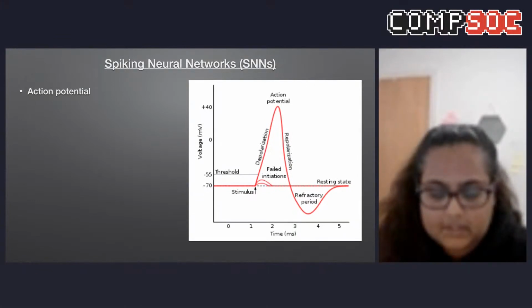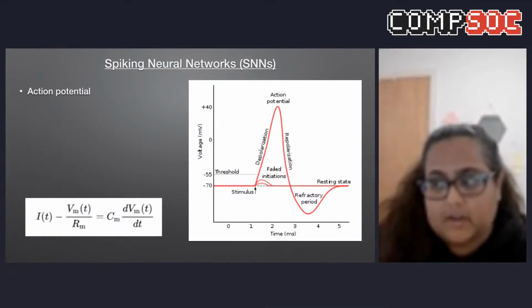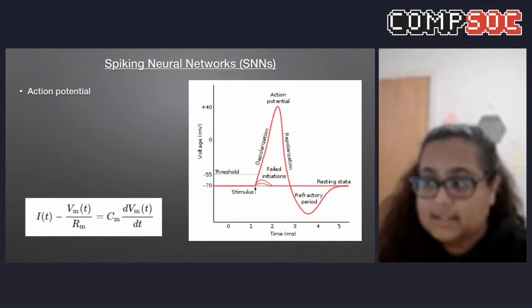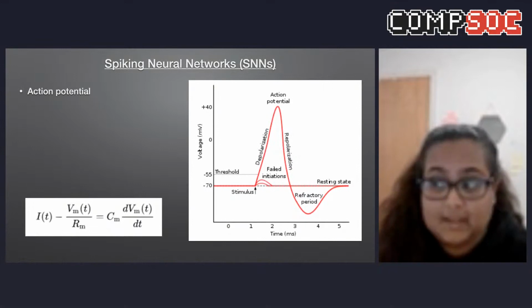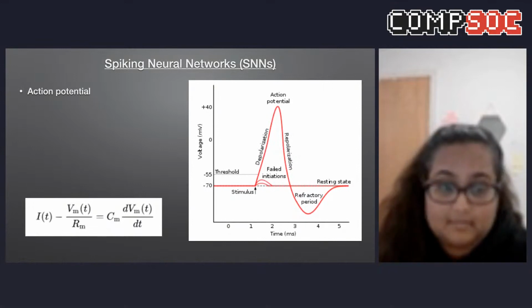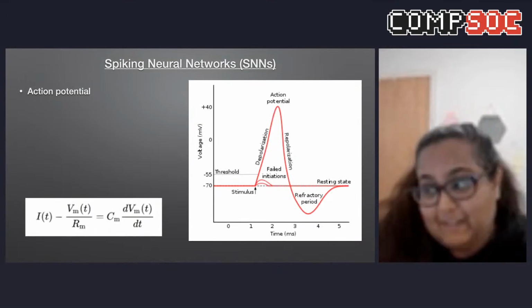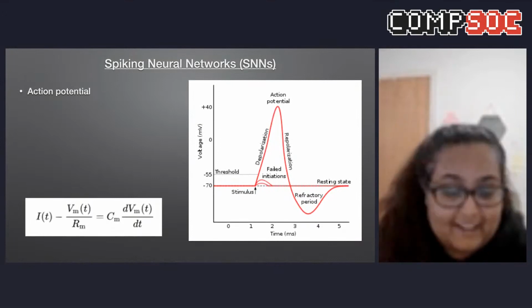One of the models that's most commonly used for this property is the leaky integrate and fire model, and that's the differential equation for it. Good luck understanding it. I've been reading up on this area for about 2 years now, and I'm still baffled. But if you get that, then fair enough.